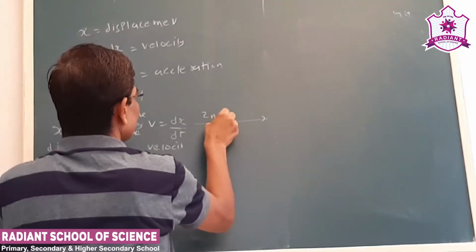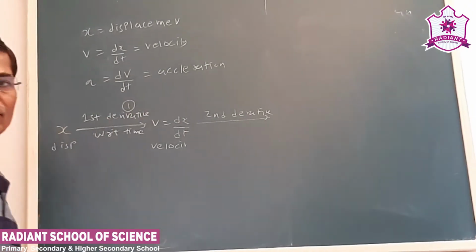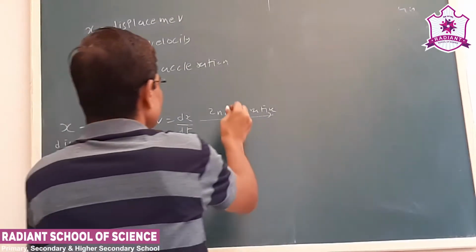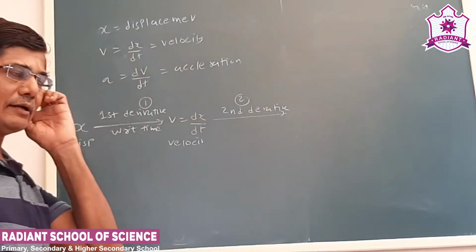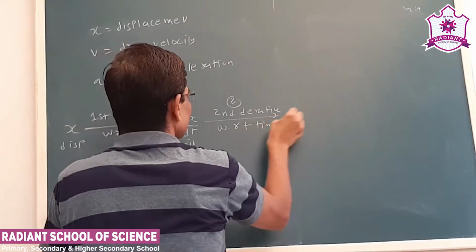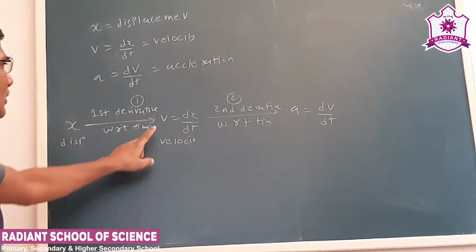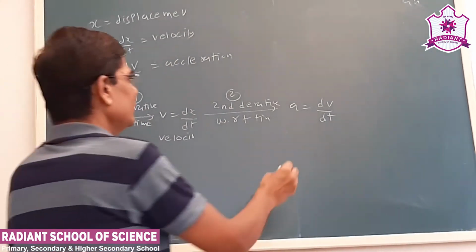That is the second derivative. Here we have taken the derivative for the first time. Here we have taken the derivative a second time with respect to time. A is dv by dt. Now what is the value of v? dx by dt.